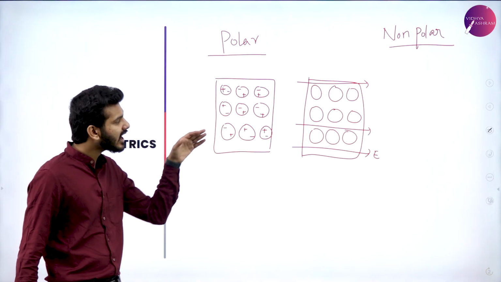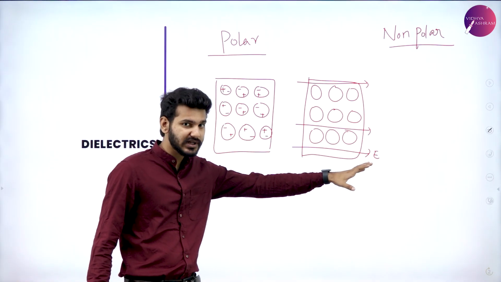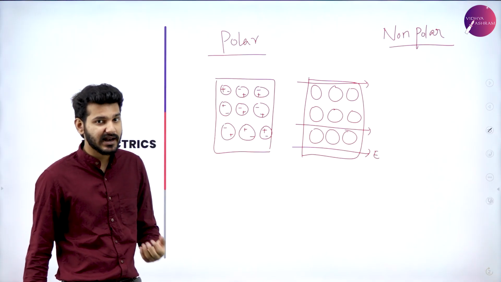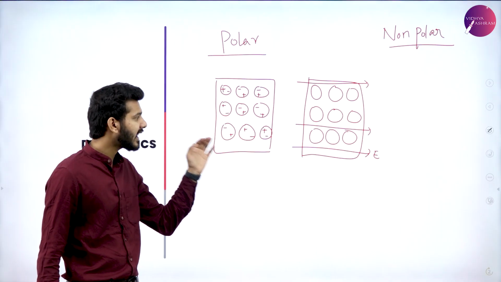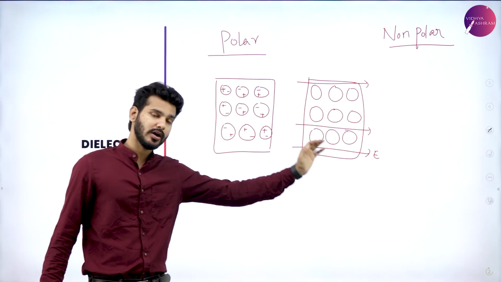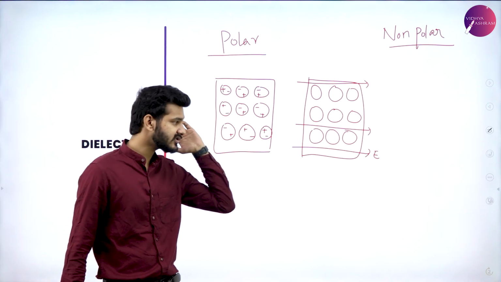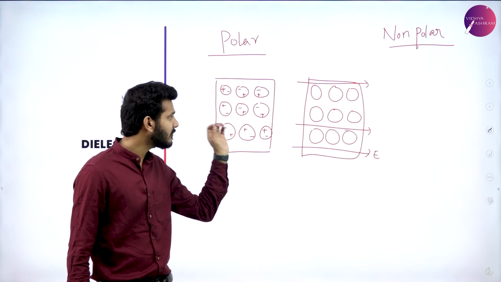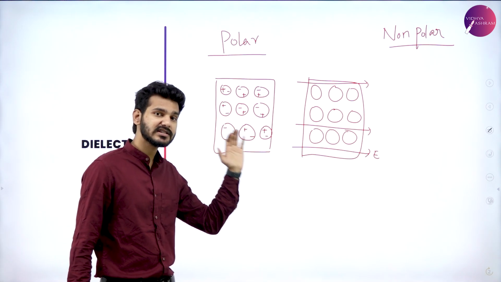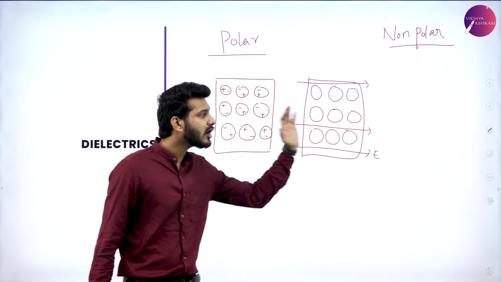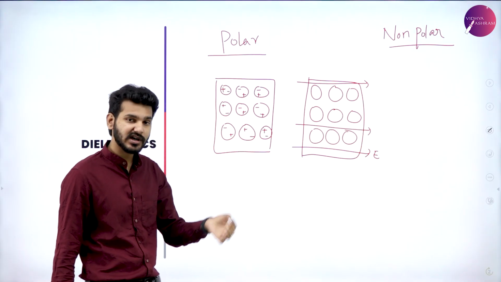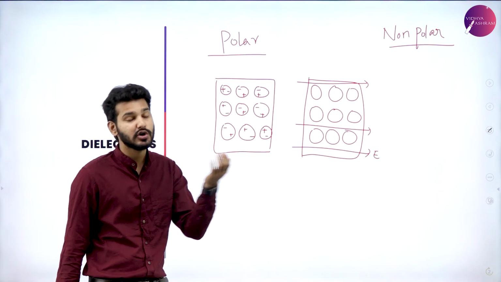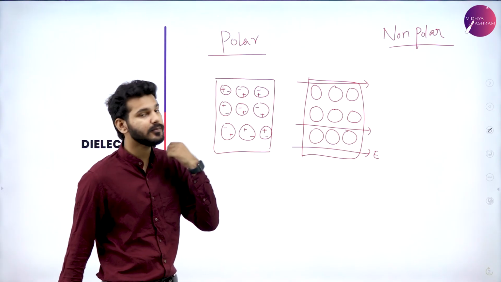But when I apply an electric field through the dielectric, there will be polarization. That is, we studied that the force experienced by a positive charge will be along the electric field. So that means that the positive charges will have a tendency to crowd in the direction of the electric field, while the negative charges will have a tendency to move away from the direction of the electric field being applied.